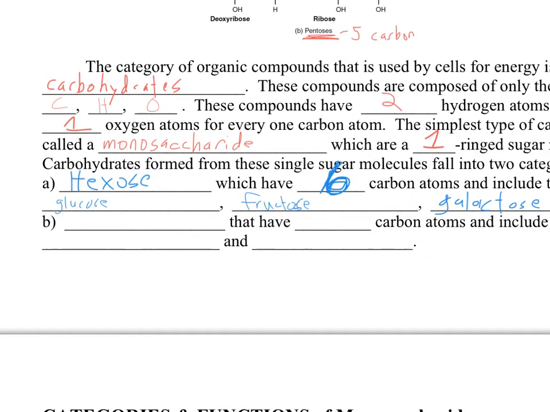Then we had the pentose, which had how many carbons? Say it loud. There you go. And that was ribose and deoxyribose.